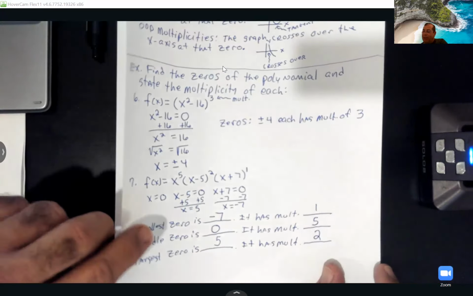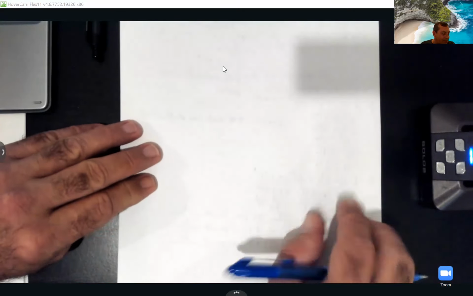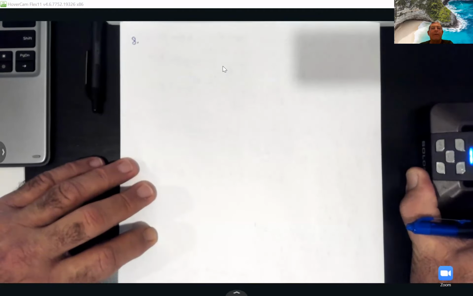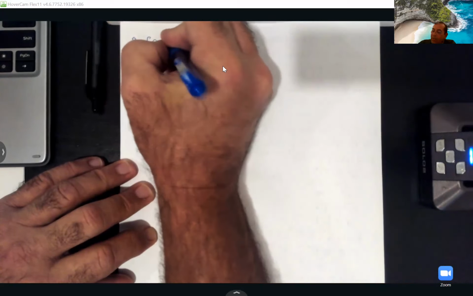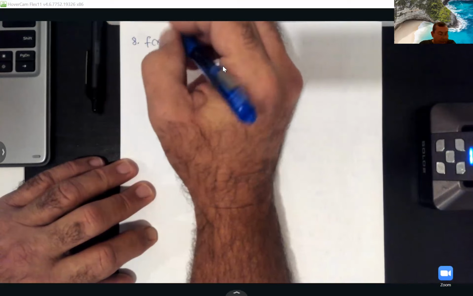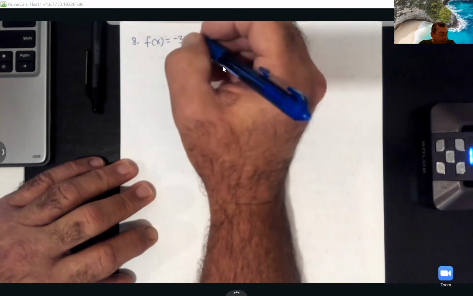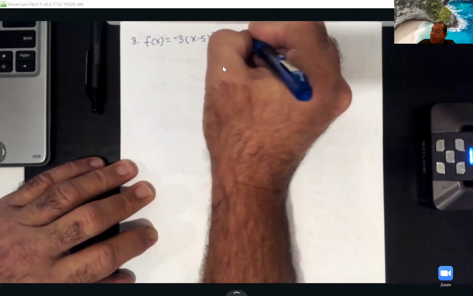All right, y'all, let's try another one of those. So this would be like y'all's number 8. So I'm going to have to scoot back up. All right, y'all, f of x equals -3 times x minus 5 squared times x plus 3 to the 4th times x to the 3rd.